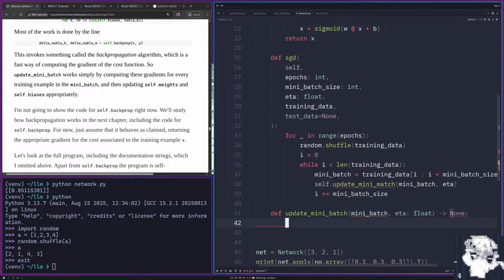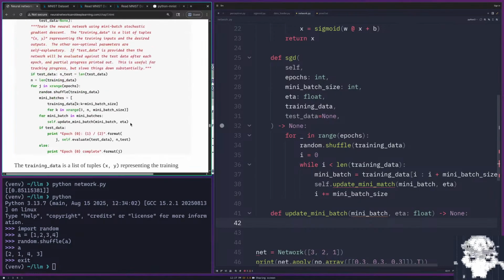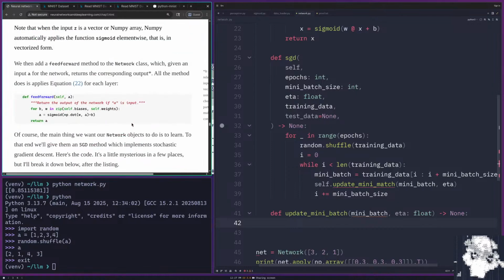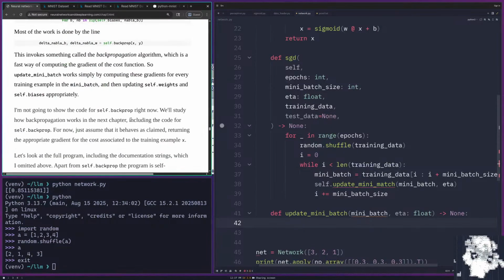And I don't think it returns anything, just like I don't think this returns anything. So update_mini_batch.